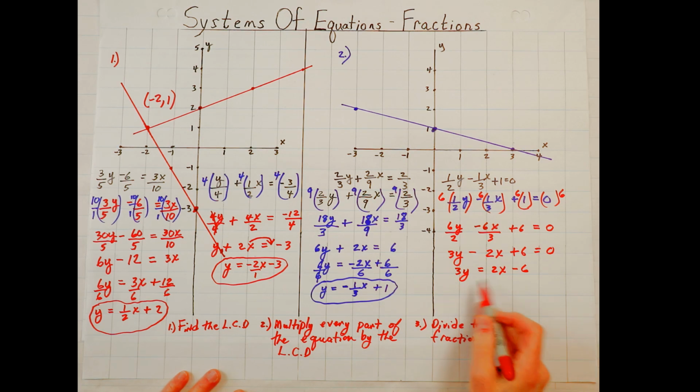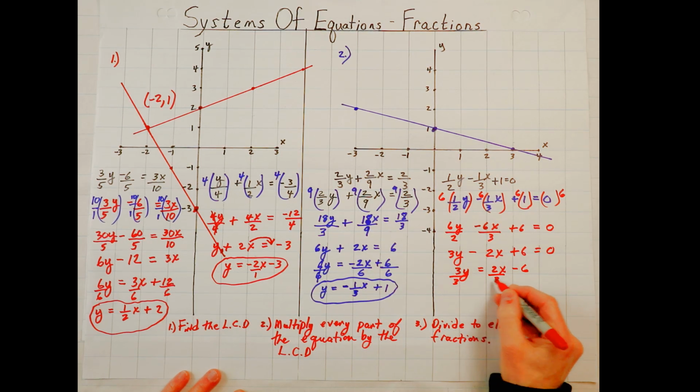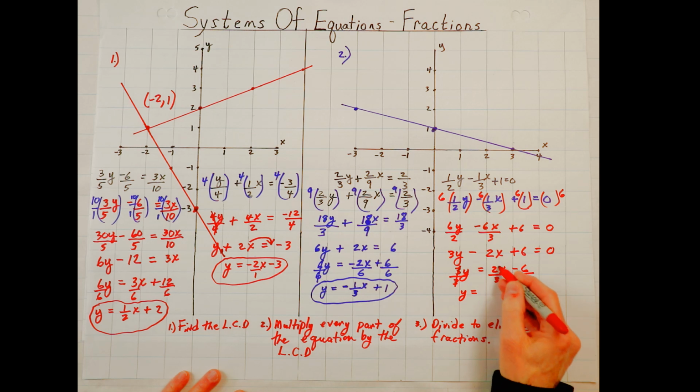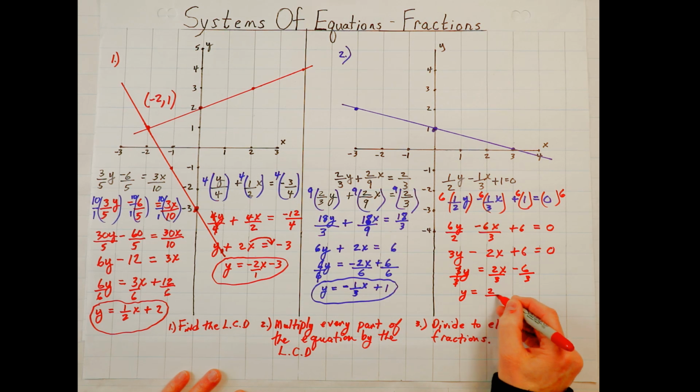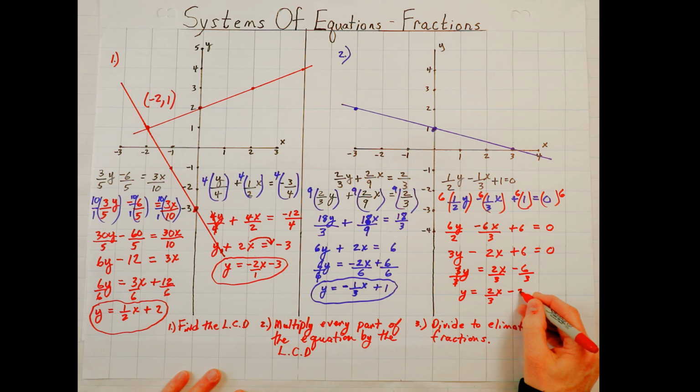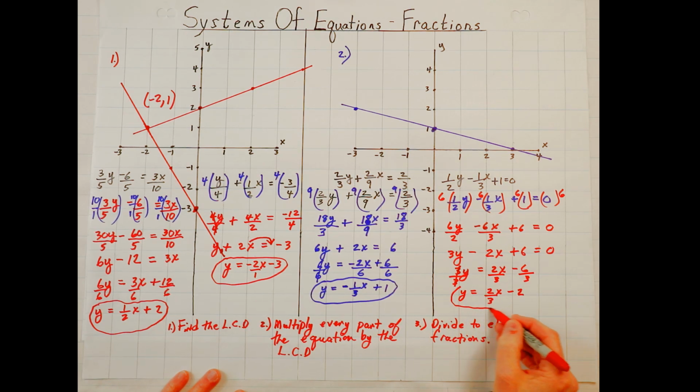We have to divide everything by 3. Three divided by 3 is 1. 1y, or y, is equal to 2 over 3x. You can't reduce 2 over 3, we'll just leave it that way. And 6 divided by 3 is 2. So there we go.